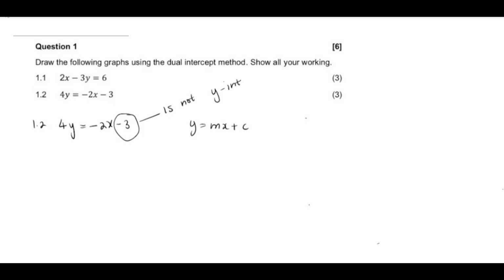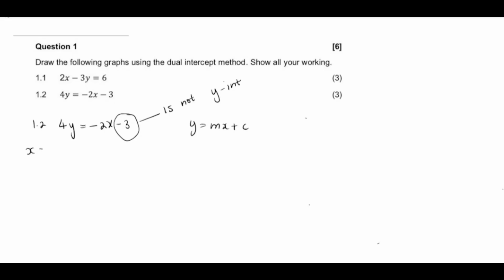For it to be the y-intercept, our equation has to be simplified so that we have y only on the side instead of 4y. For this question, unlike the previous one, I'm not going to simplify. We're going to find the x-intercepts and the y-intercepts as the equation is.